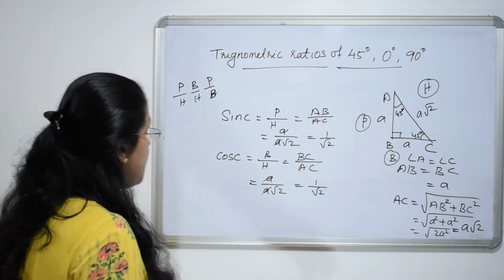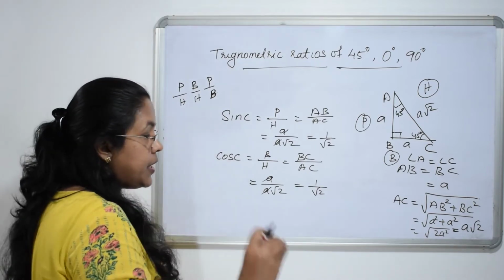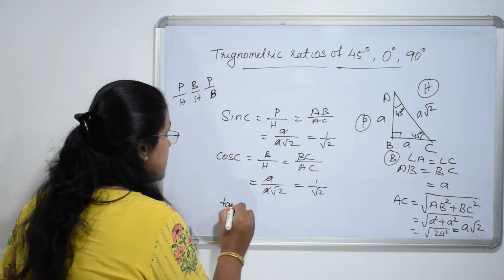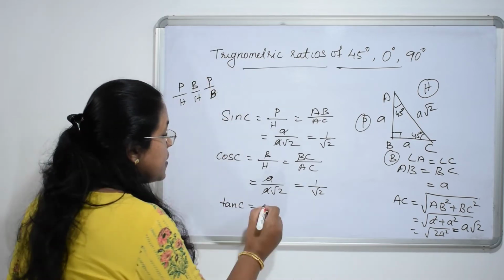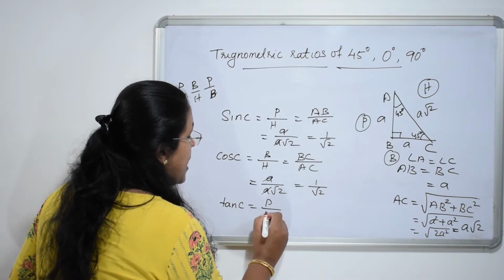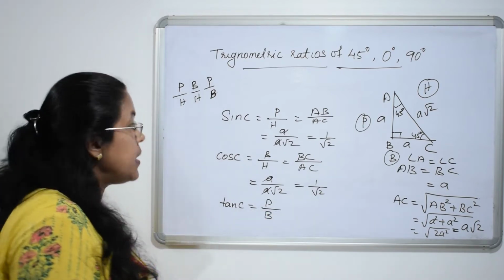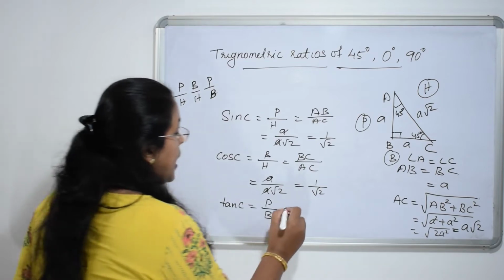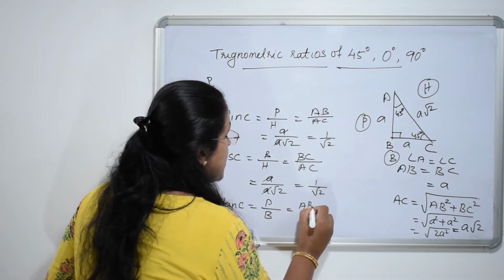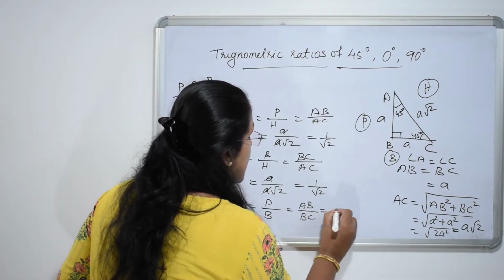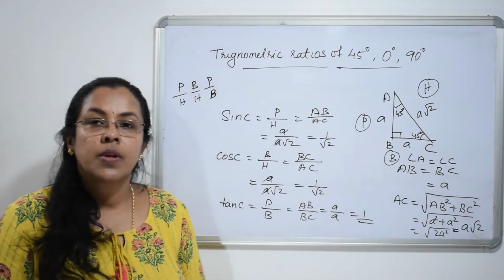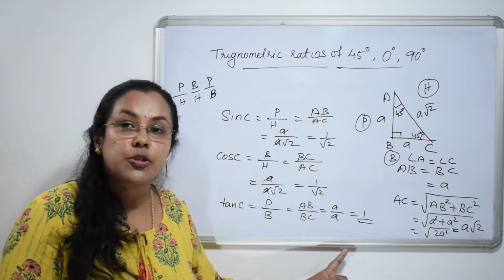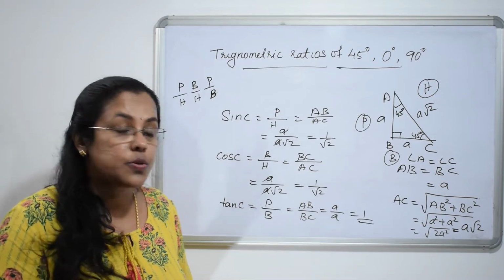Now, one more trigonometric ratio we need, that is tan. What is tan? Perpendicular by base, opposite side by adjacent side. Perpendicular is AB, base is BC, that is A by A, which is equivalent to 1. Now we got all the three trigonometric ratios.